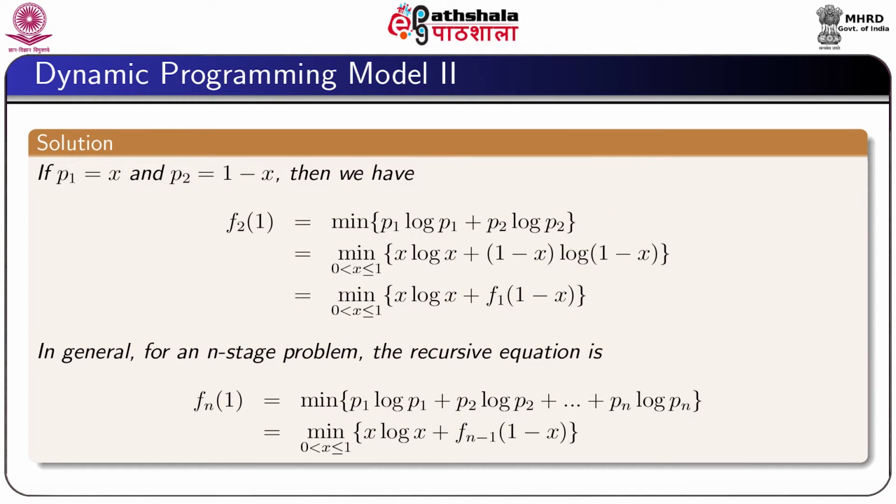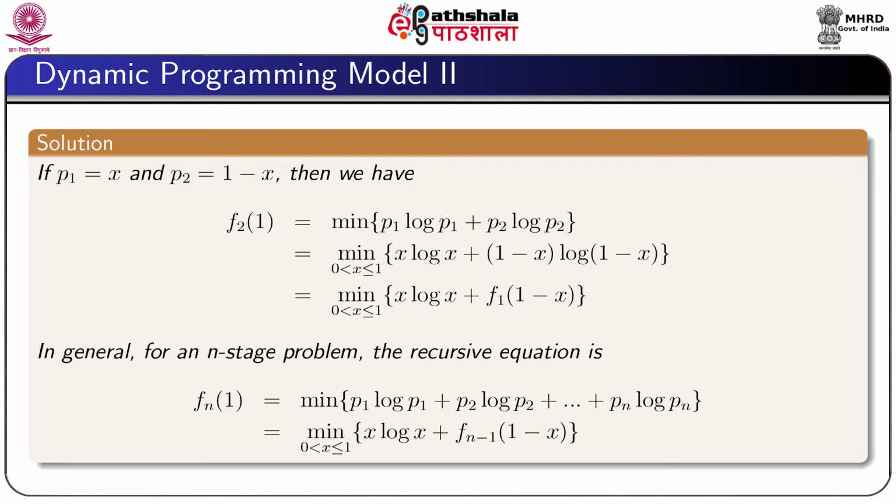If we put the values of p1 and p2, this is minimum of x log x plus (1 minus x) log (1 minus x), where 0 less than x less than or equal to 1. And this can be written as minimum of x log x plus f1(1 minus x), as f1(x) equal to (1 minus x) log (1 minus x).